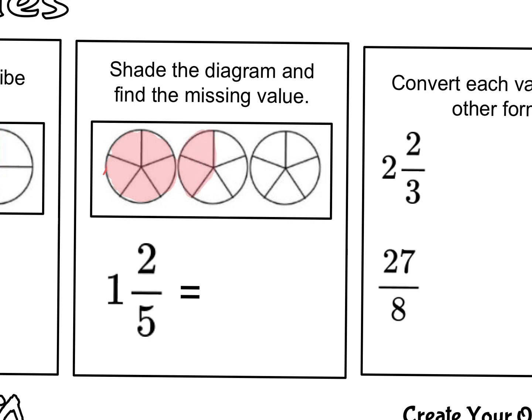So now I have a visual of what 1 2/5 looks like. Or I can think of this as how many fifths there are. So when I look, 1, 2, 3, 4, 5, 6, 7, we have a total of 7/5.